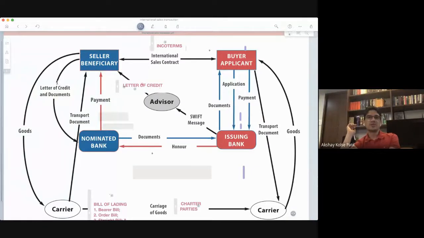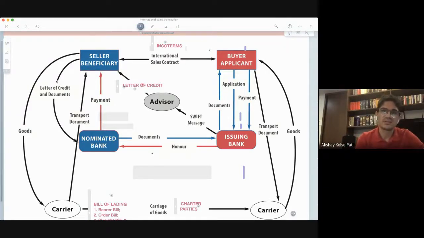The issuing bank will further forward the documents to the applicant once the applicant has made payment for the same. Only when the applicant then has the documents can he go and present them to the carrier to receive custody of the goods. So the chain is only based on documents.